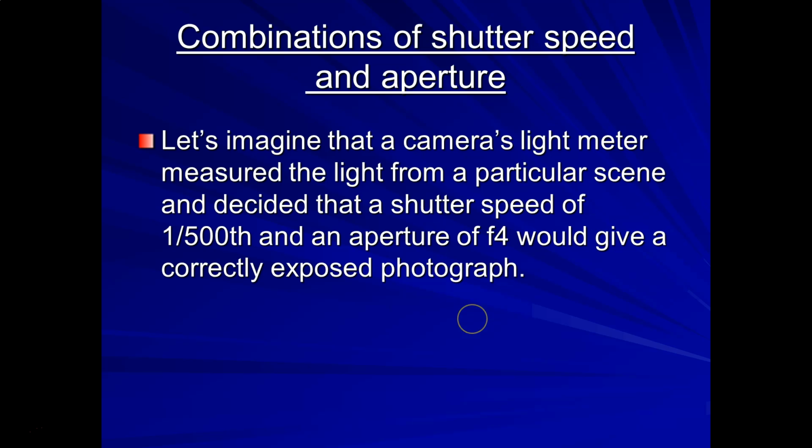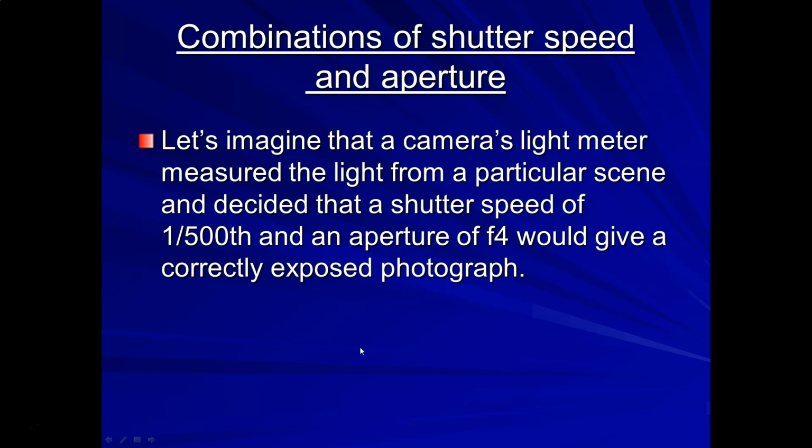So, of course, you've got the combination of those two things, aperture and shutter speed, to control the light that falls onto the sensor. It's the photographer's job to control those. He or she will be helped by the camera's light meter, though, and modern cameras will actually suggest a shutter speed and an aperture, a combination of those two, which is just right.